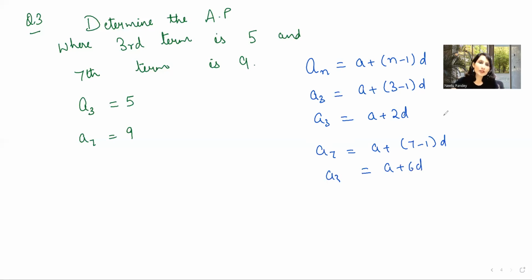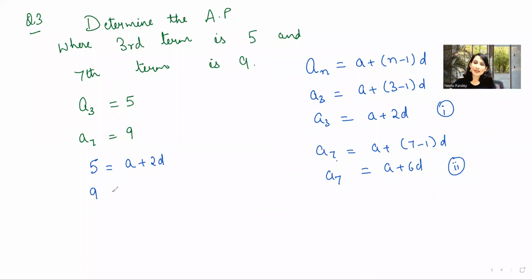So using these two, this is equation number 1, this is equation number 2. Now A3, we know it is 5. So we can write here 5 is equal to a plus 2d, and A7 is 9.